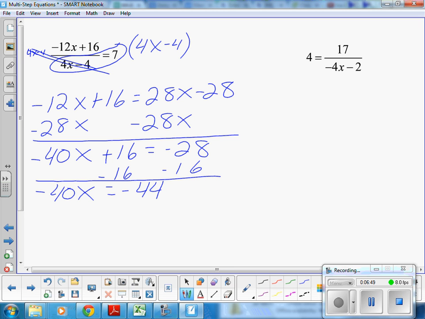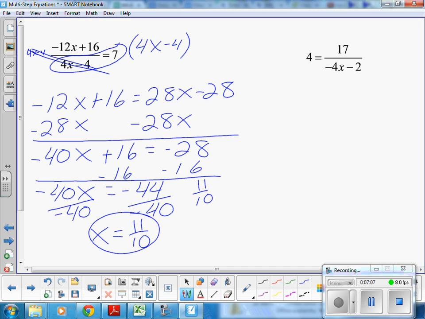Divide both sides by a negative 40. And when I divide both sides by a negative 40, I get x equals, 4 goes into both. First of all, negative divided by negative is positive. 4 goes into both, 11 tenths. So my answer is 11 tenths.